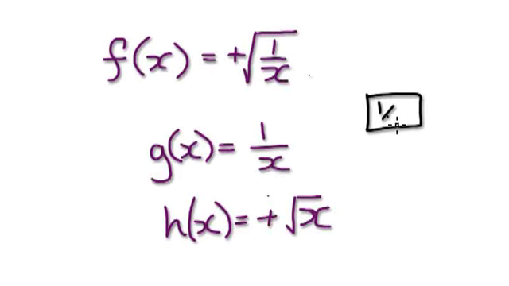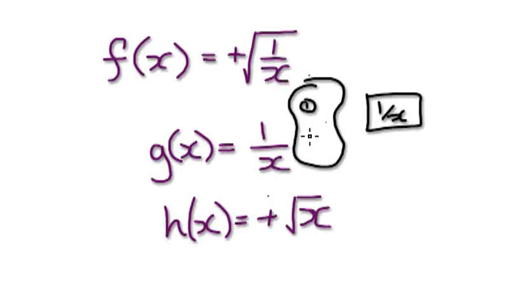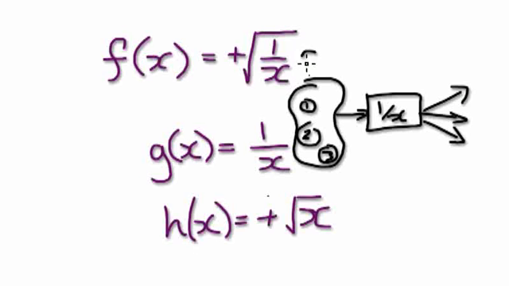This is 1 over x, and your domain is all the numbers which you can put into the machine without it breaking down. So you can put all these numbers into this machine, and it will spit out different numbers. But you see, the number 0 for this machine breaks down if you put the number 0 into here. So the number 0 is not in the domain.